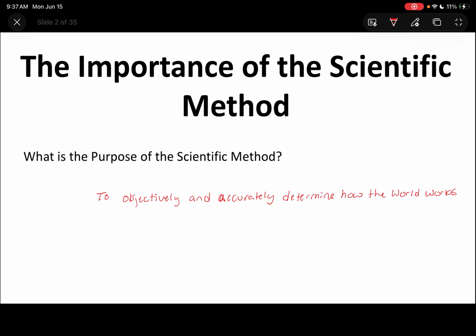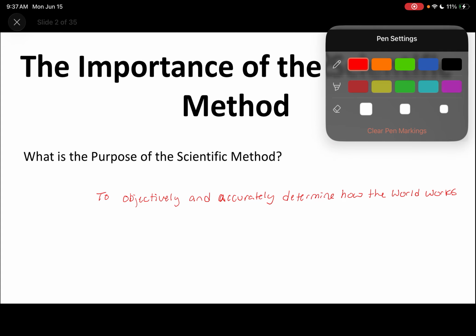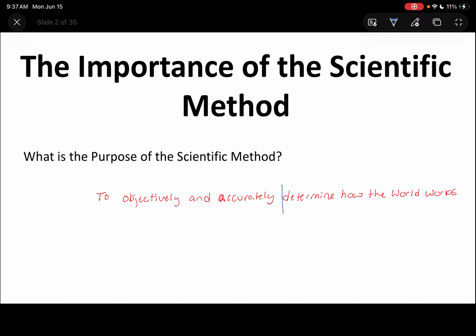So if we look at this statement that I've written, I would say that the latter half of this statement, determine how the world works, I would define as the goal of science. This is what scientists are trying to do.